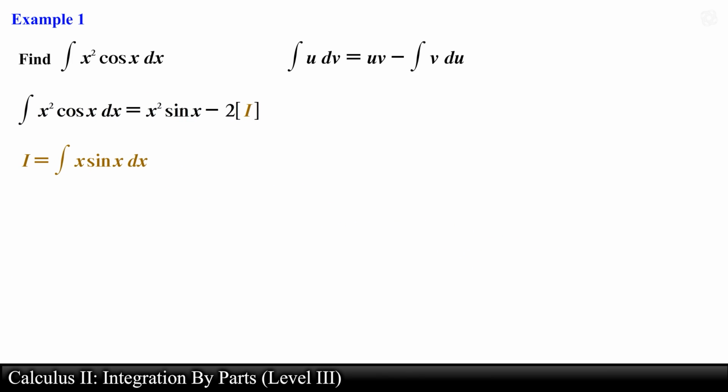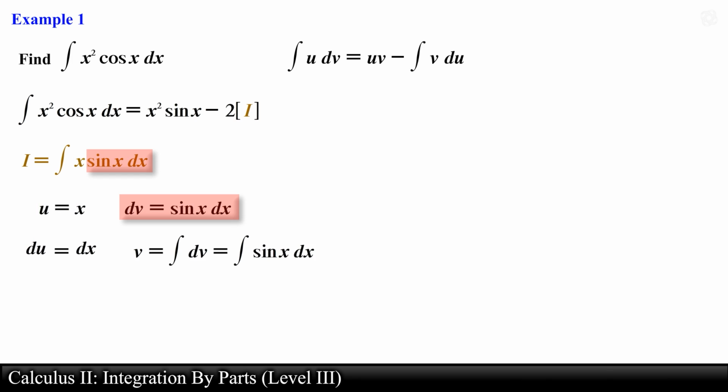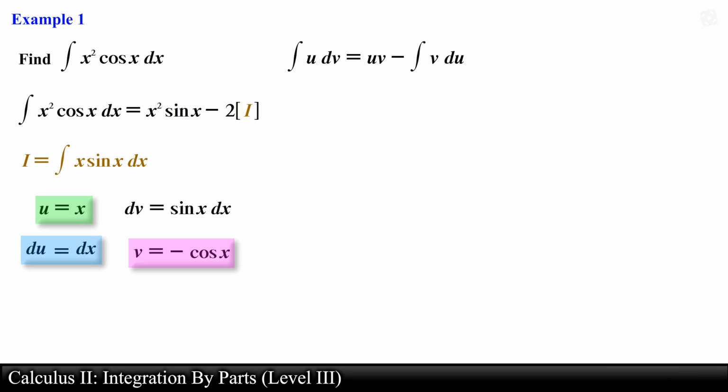Now putting that aside and focusing on this integral, we carry out the familiar steps and apply the integration by parts formula once more. Same ideas apply. Make u equal to a function that becomes simpler when differentiated. So we let it equal x. In the same manner, we let dv equal sine of x. So taking the integral of sine of x gives us negative cosine of x. Substituting these expressions into the integration by parts formula, we have the following.